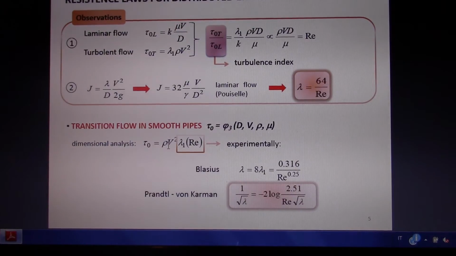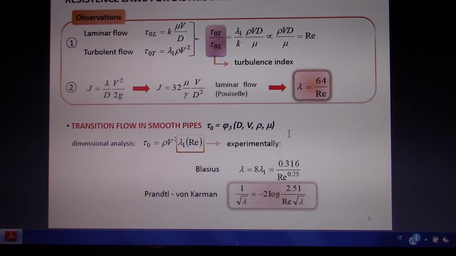Again, from dimensional analysis, you can get that tau 0 is equal to the density times the velocity to the power of 2, so it's exactly like the turbulent flow, if you remember, but there's also another kind of dependency. Because in the turbulent flow, from dimensional analysis you got lambda 1 rho v to the power of 2, and lambda 1 was a constant. In this case, if you are considering the transition flow in smooth pipes, lambda 1 is dependent also on Reynolds.